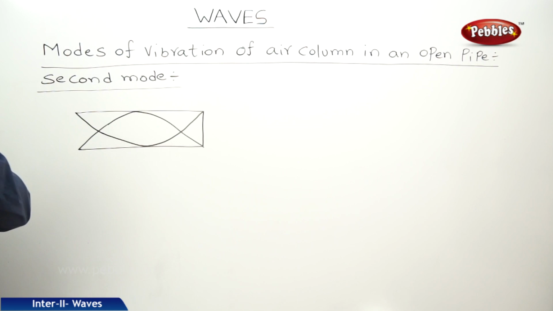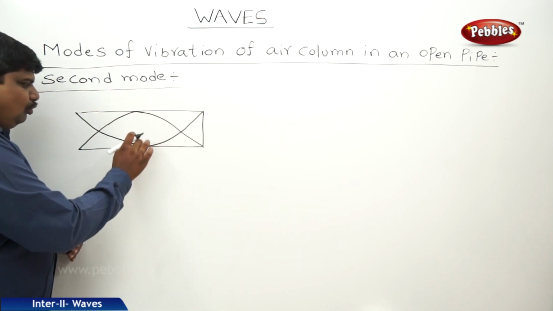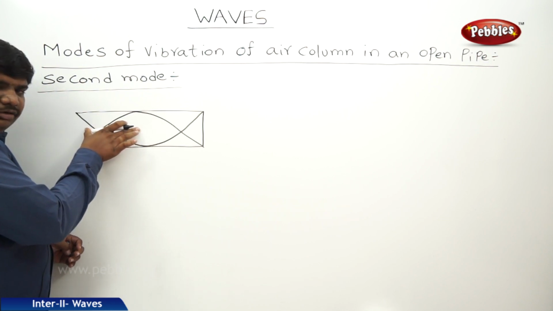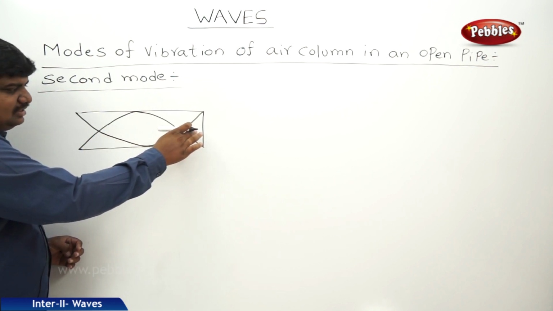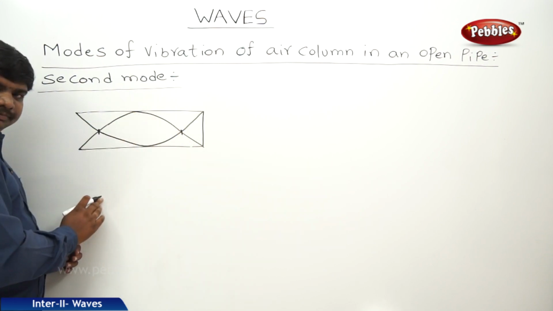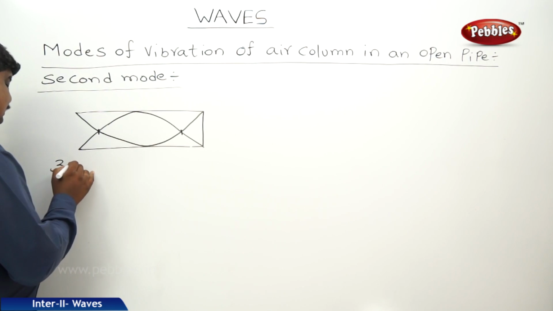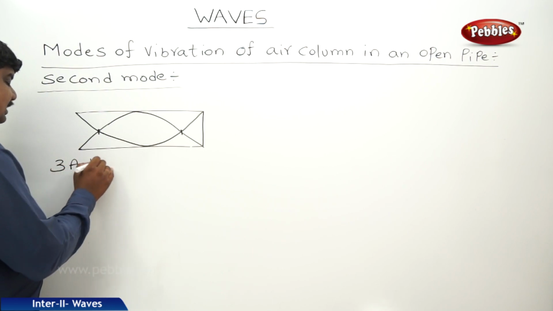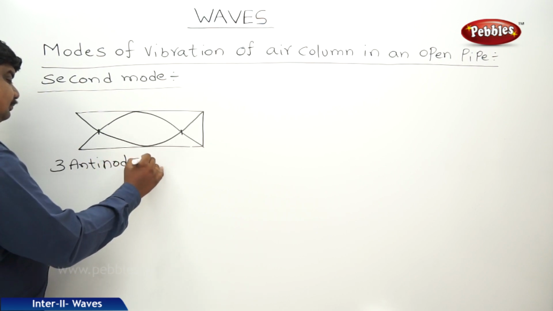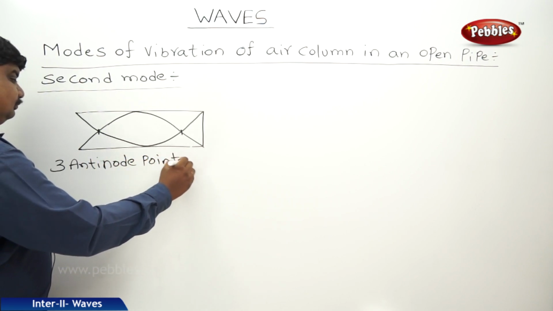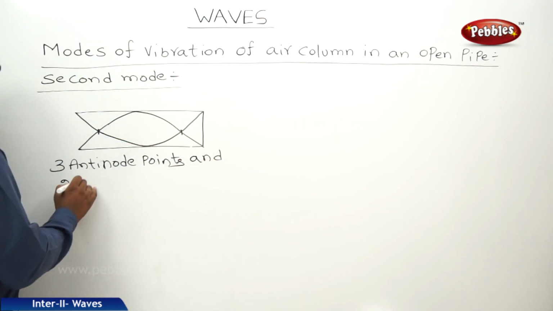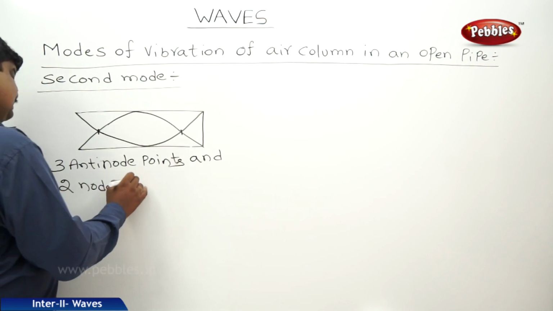In this second mode, there are 3 antinode points and 2 node points.